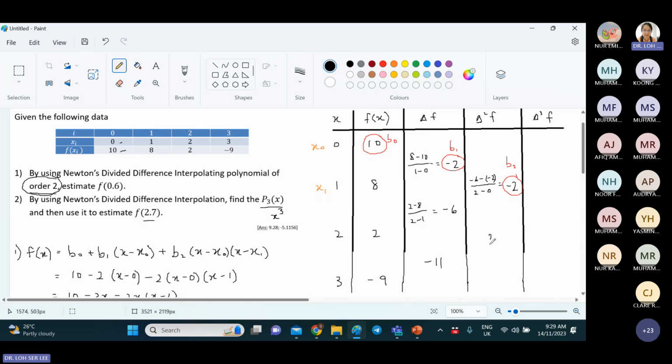And here, -5/2. To get -5/2, we use this -11 minus -6, divided by this triangle, that means 3 and 1, 3 minus 1. So we get -5/2.